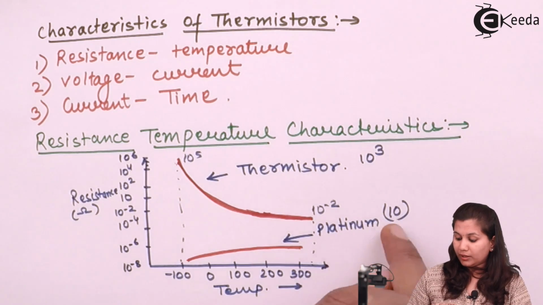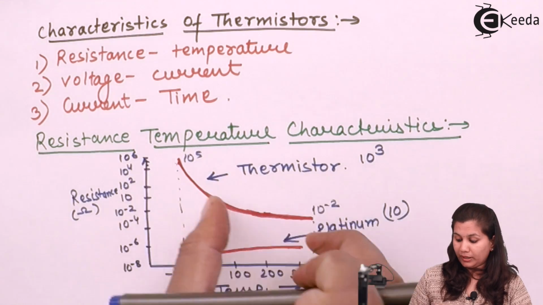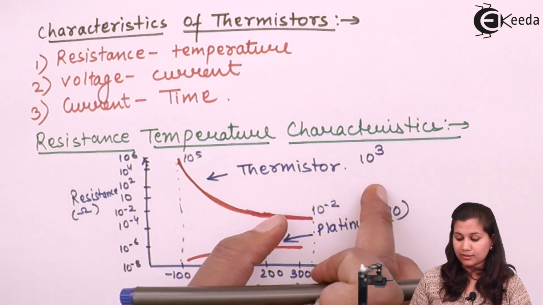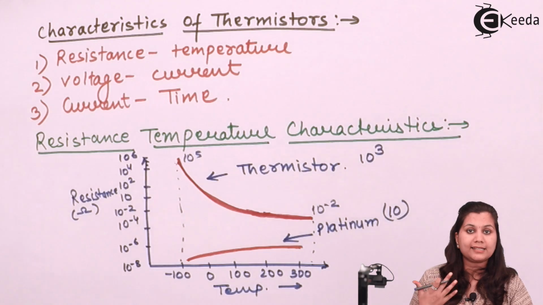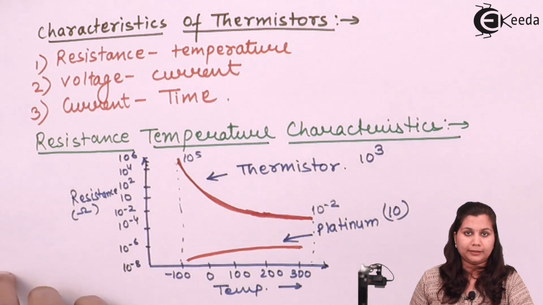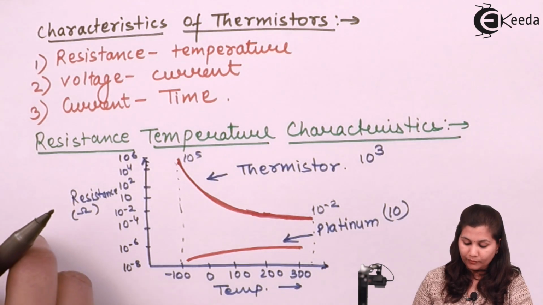So platinum shows very little change in resistance for this wide range of temperature, but the thermistor shows a very good amount of change in resistance for these temperature changes. So you can see that thermistors are highly sensitive compared to platinum, which is used for the construction of RTDs and thermocouples. Now, as there is a non-linear relationship between the resistance and the temperature of the thermistor, let's see how this resistance temperature characteristic is defined.